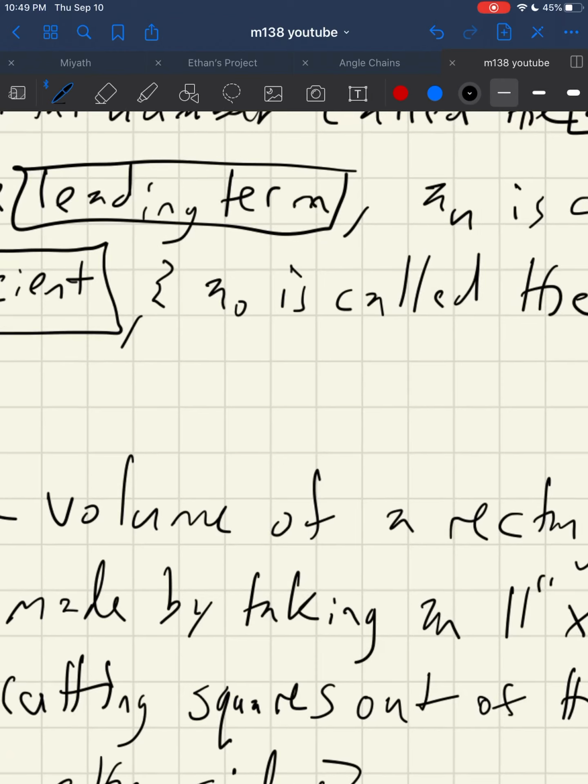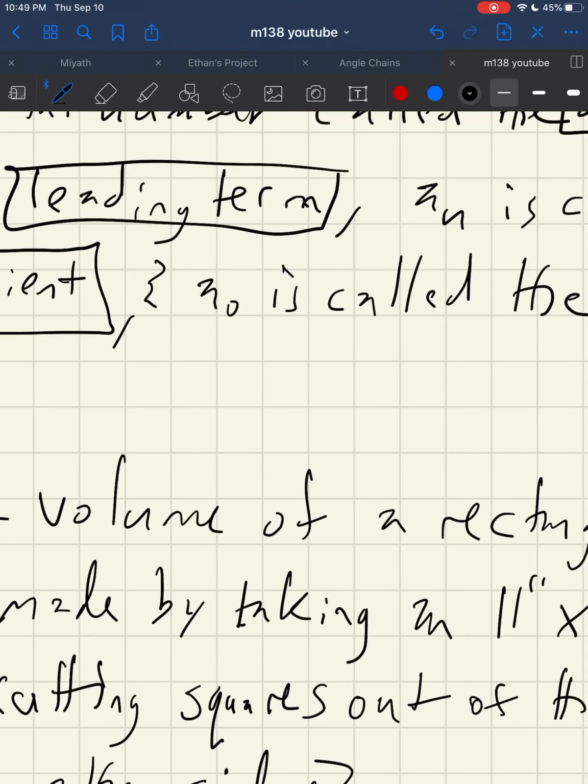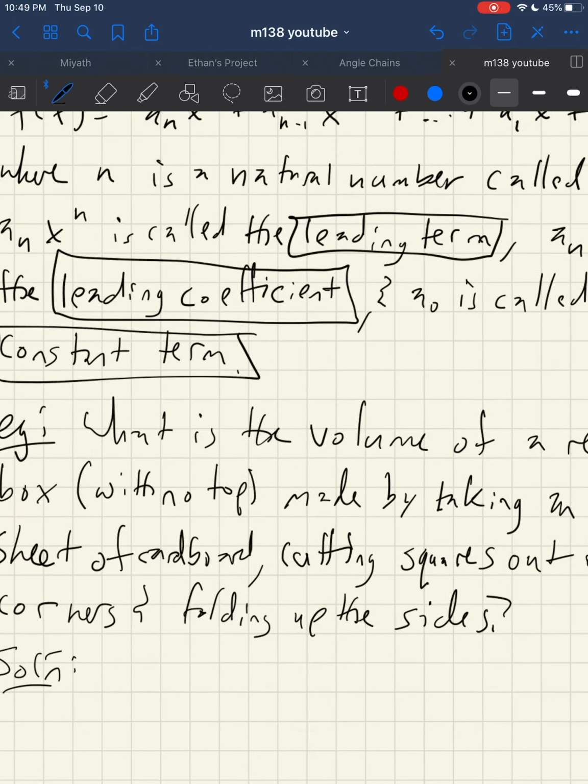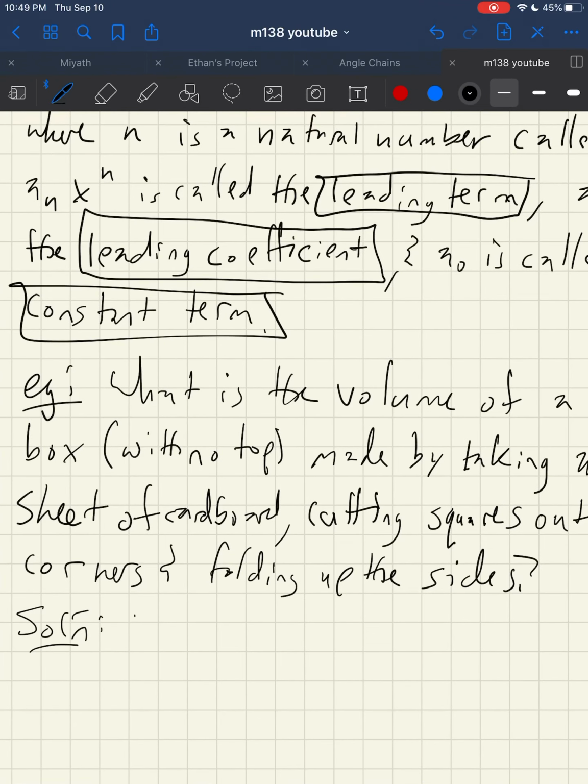If I was actually asking you for an answer to this question, I would give you a little bit more prompting. But let's start with a diagram. I would try to be a little bit more careful about what I mean by cutting squares out of the corners. I've got this 11 by 17 sheet of cardboard.